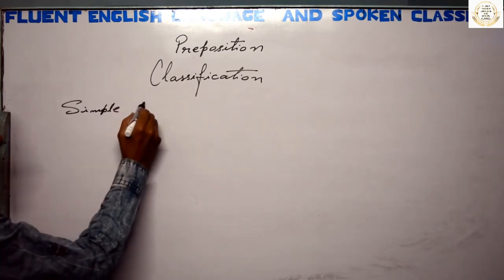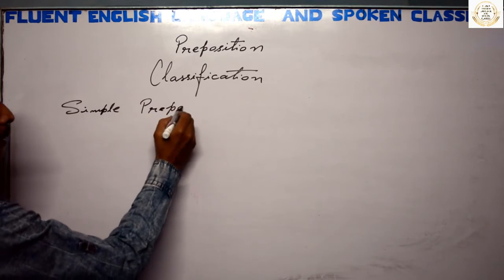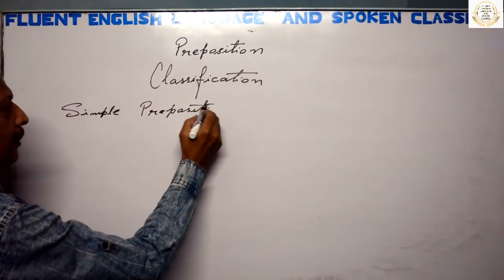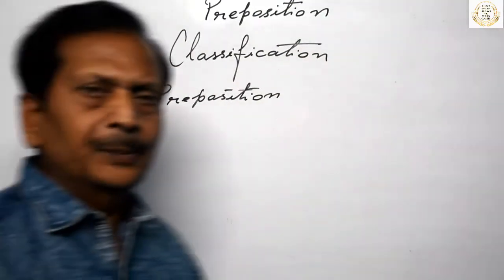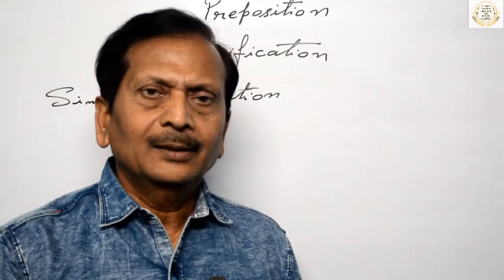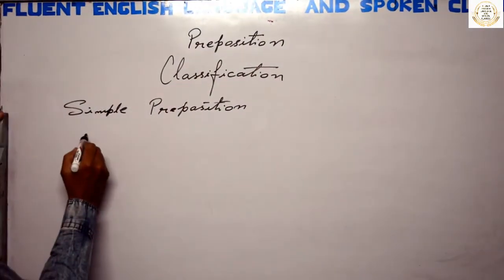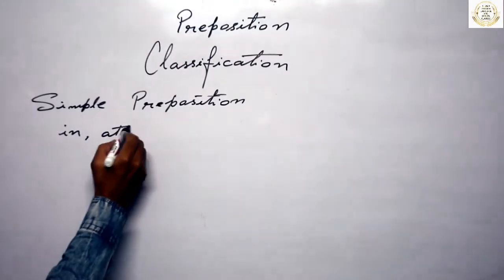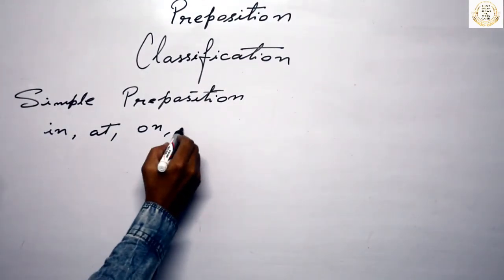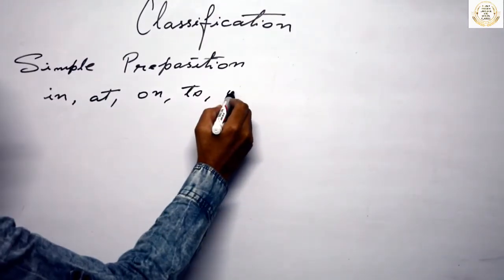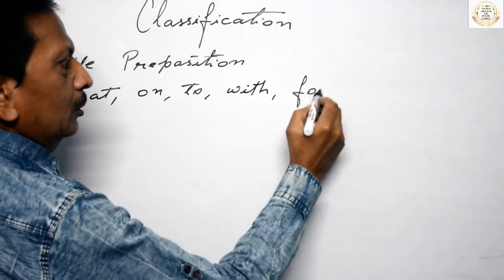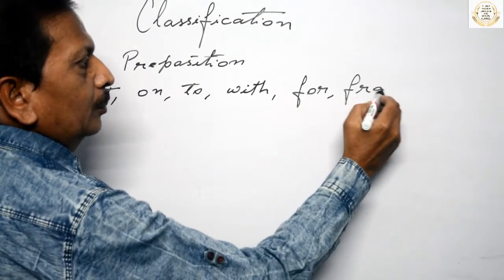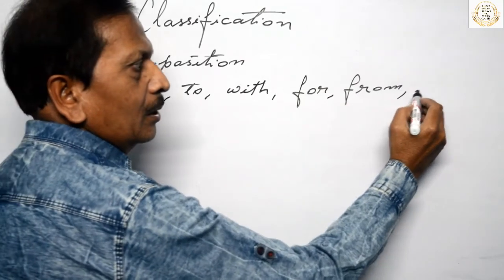Simple preposition. Simple prepositions are those prepositions which don't contain a prefix, like in, at, on, to, with, for, from, since.